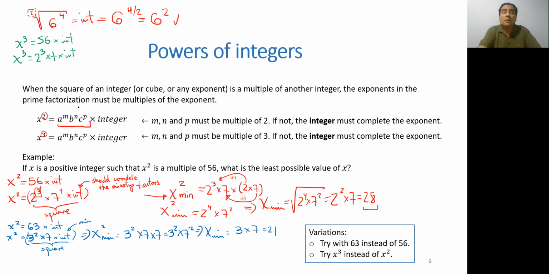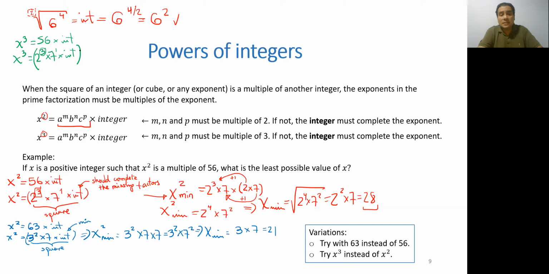So, for this expression to be the cube of x, we need the exponents to be divisible by 3. Here we have one exponent that already complies, but this exponent here doesn't.